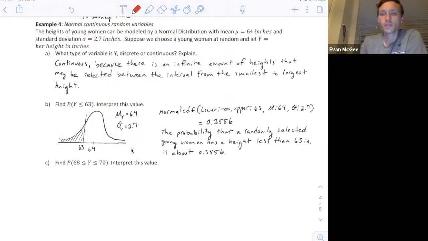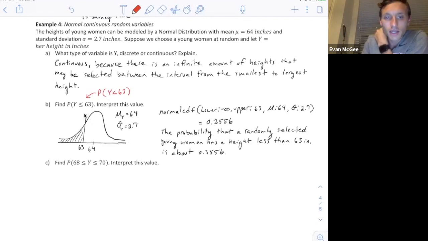One thing I want to make sure I have said here is that this says y is less than or equal to 63. But if I said instead the probability of y being less than 63, although these two statements appear to be different, both give you the exact same probability. The reason is that both are calculated based off of the area of this density curve.